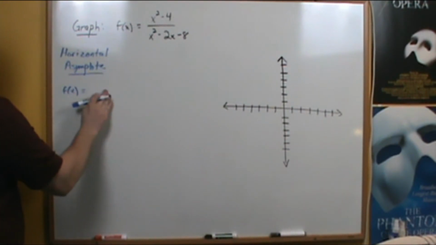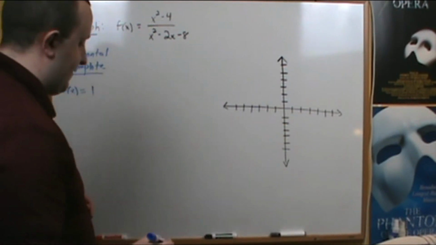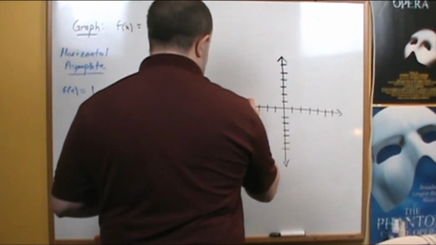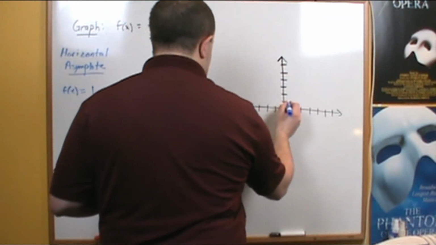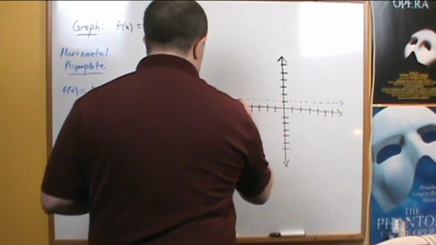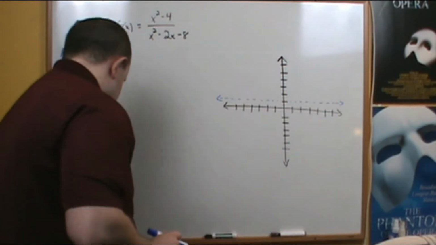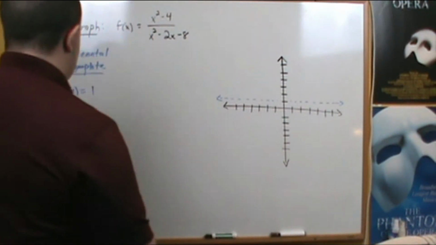So that's where our horizontal asymptote is. And we could graph that over here. There's our horizontal asymptote.